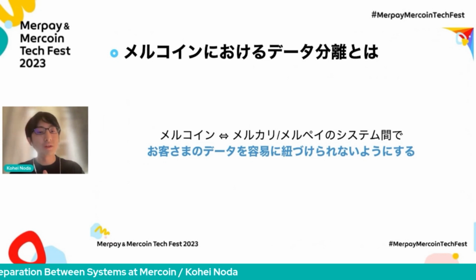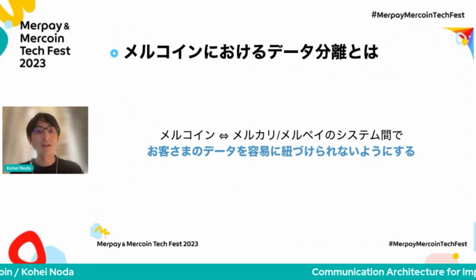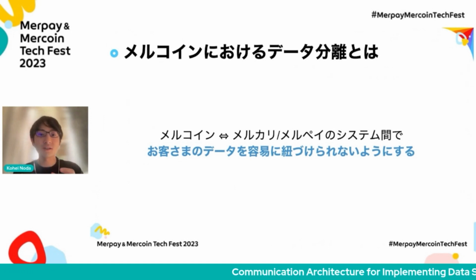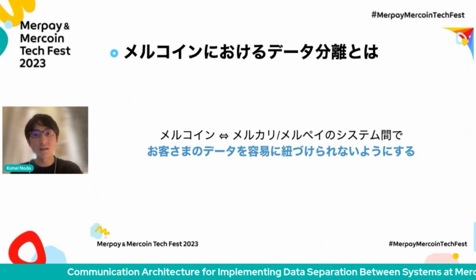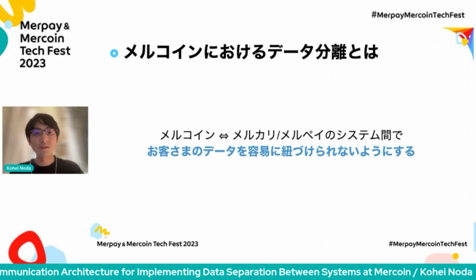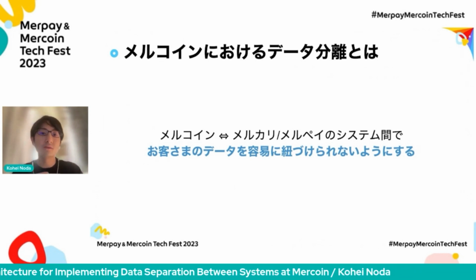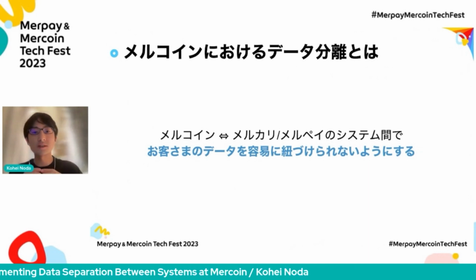We call this data separation. For example, Mercoin handles crypto assets, so the Mercoin system stores the crypto asset information of the customer, while the Mercari and Merpay systems store the customer's address, name, and other personal information.